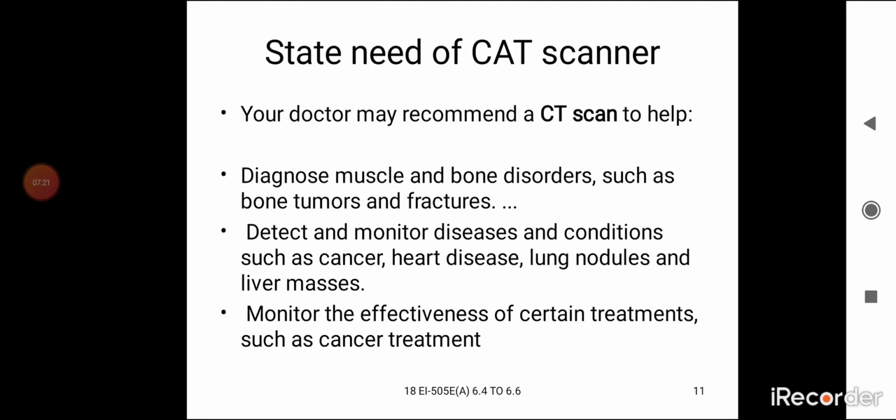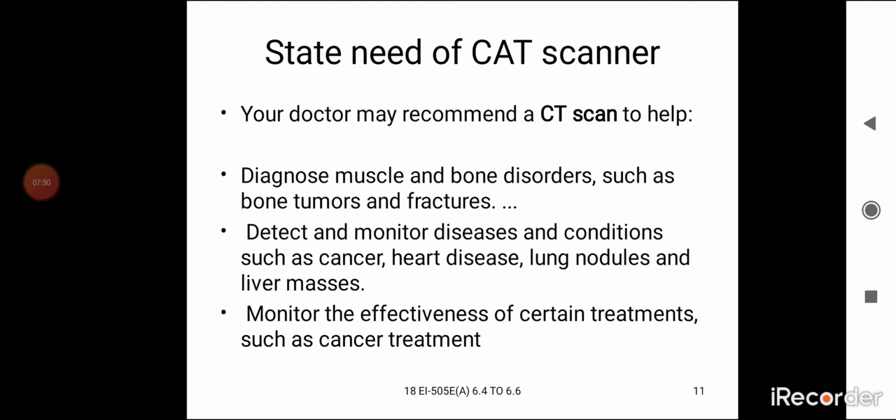To detect and monitor diseases and conditions such as cancer, heart disease, lung nodules, and liver masses. The CAT is needed to monitor the effectiveness of certain treatments such as cancer treatment.